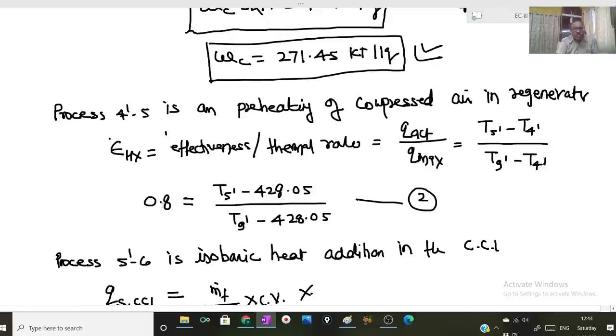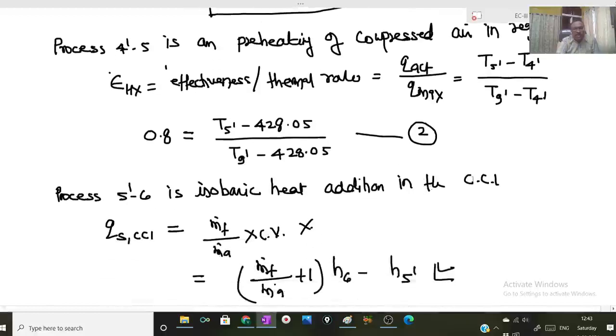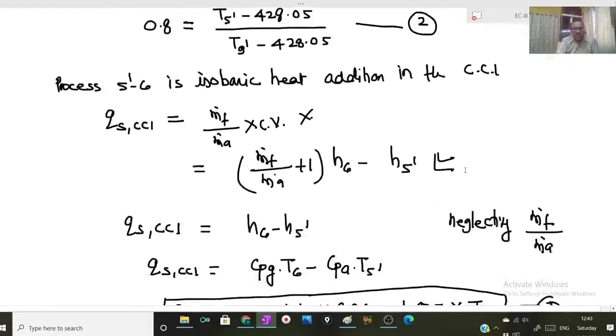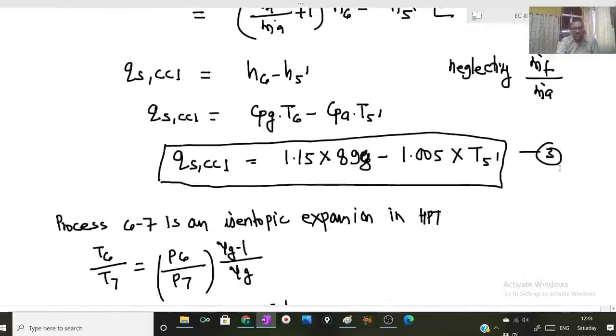So in equation number 2, 0.8 is equal to T5 dash minus 428.05 over T9 dash minus 428.05. So we have the value of T9 dash. Now I can calculate T5 dash, and after calculating T5 dash from equation 2, from equation 3 I can calculate the value of heat supplied to the gas in combustion chamber from equation 3.